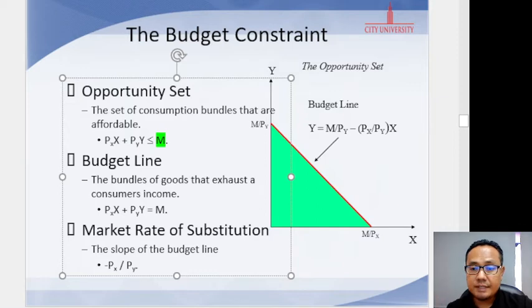Given this notation, the opportunity set, also called the budget set, may be expressed mathematically as Px·x plus Py·y must be lower than or equal to M. That's the opportunity set, the set of consumption bundles that are affordable.